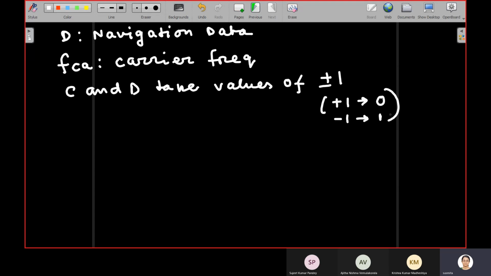This representation is also possible, and they are equivalent. But for mathematical computation, this plus-minus convention is useful because we can just do simple multiplication. With 0 and 1, it will not be simple multiplication. After some time, we will establish the equivalence between them. Now let's assume that they take values of plus and minus 1.